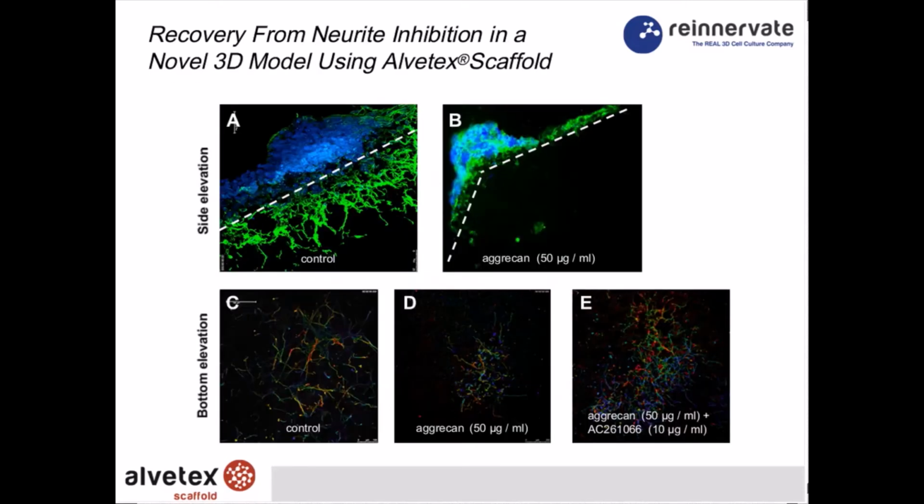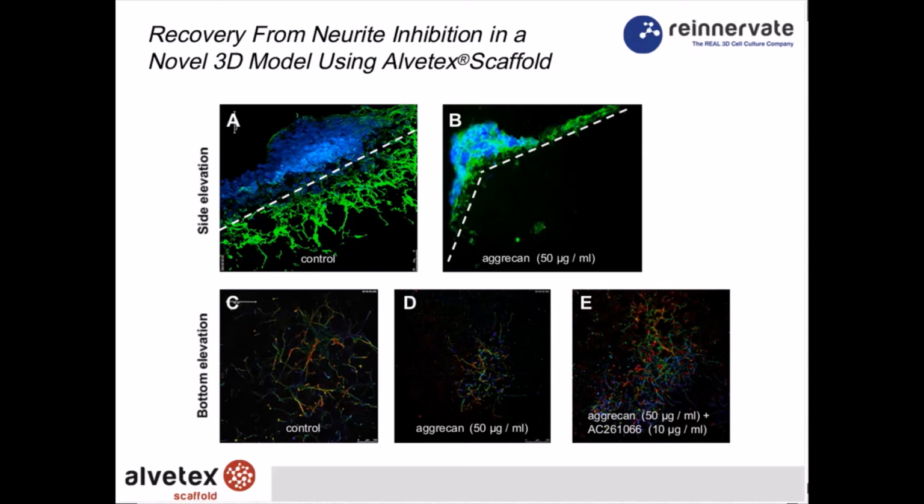In the control, just as before, you've got your neurogenesis on the top, and you've got the neurites going into the Alvetex. And that Alvetex, incidentally, has been coated with laminin. In this example, we have laminin, but we also have aggrecan, which is the molecule expressing the CSPGs.